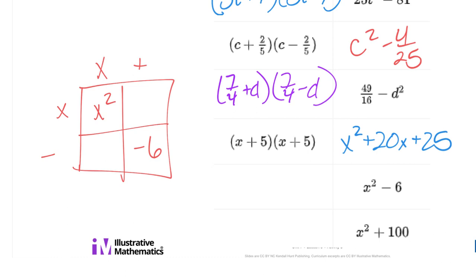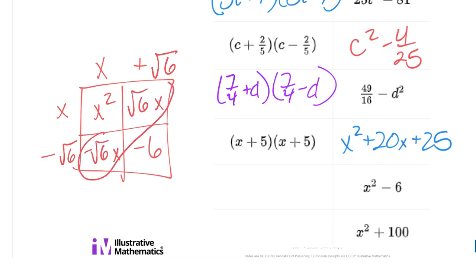In this next one, we have x squared minus 6. Now I'm thinking of what number times itself would get me 6, and it's just not going to work out nicely. So when that happens, we can just use the square root of that number. And what we end up with in our table looks like this.